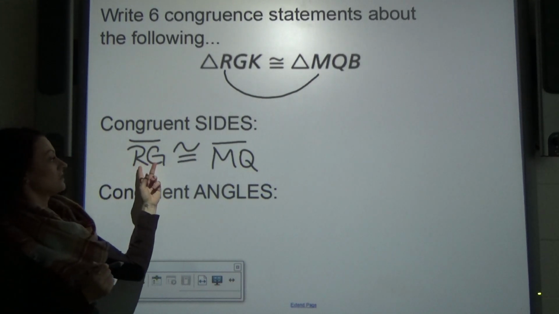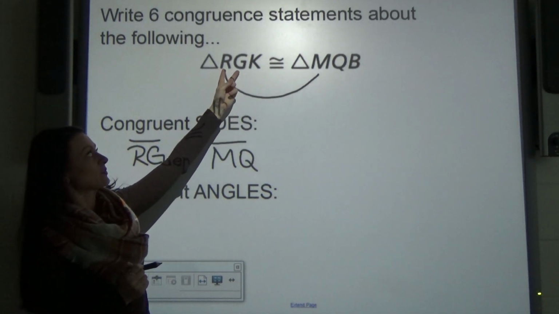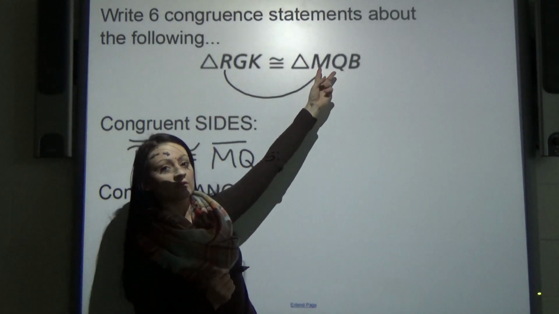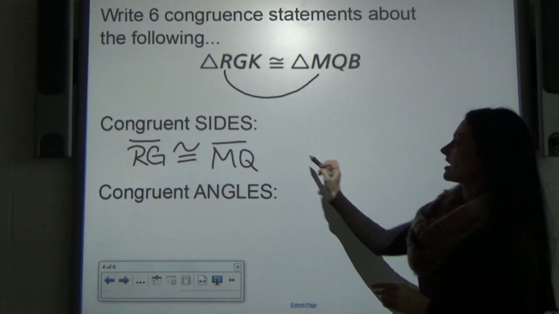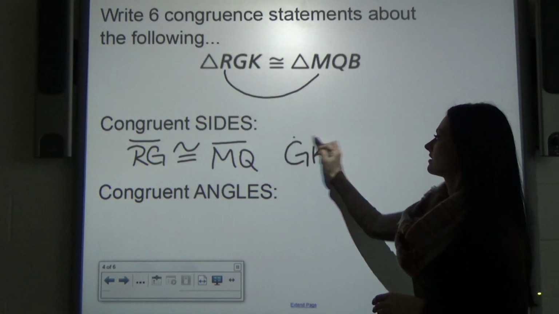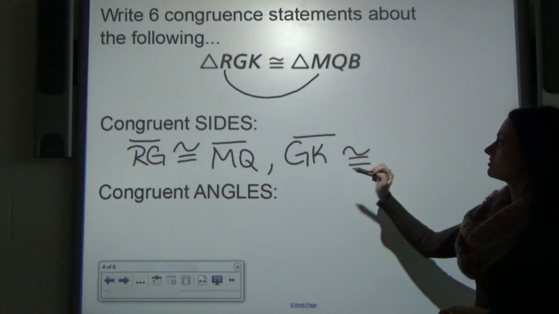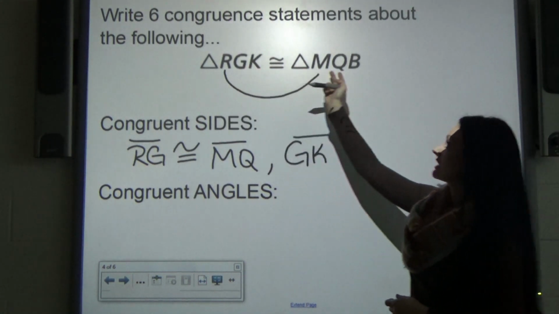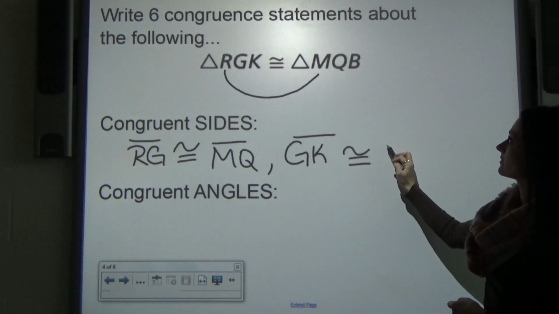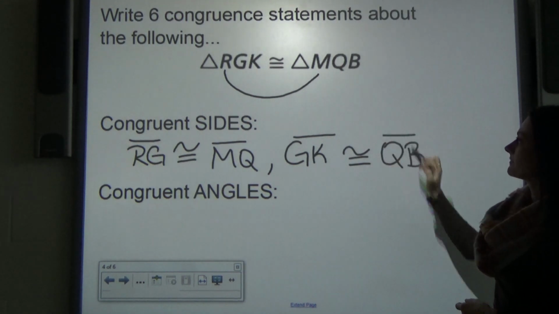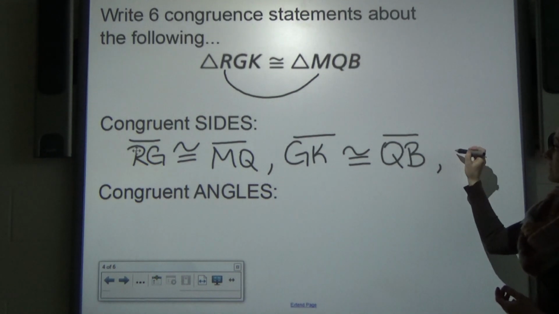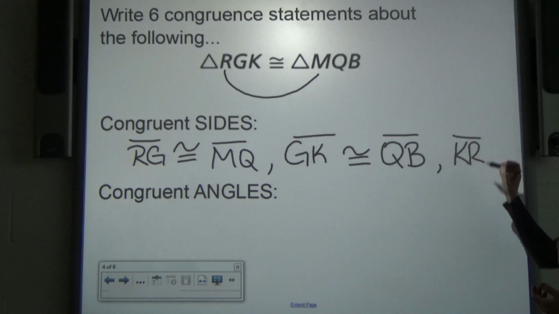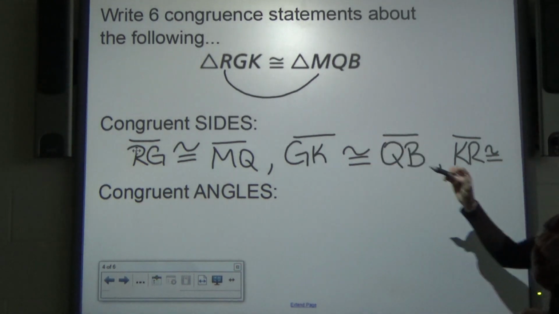Because these are the first two vertex points on this triangle, MQ is the one that matches up because they are the first two in the second one. The other statements I could make: GK is congruent to, so that's the second and the third, so now I take the second and the third out of here, and that would be QB. And the last one that I'm going to say is KR is congruent to, now I have to take the last one and the first one.